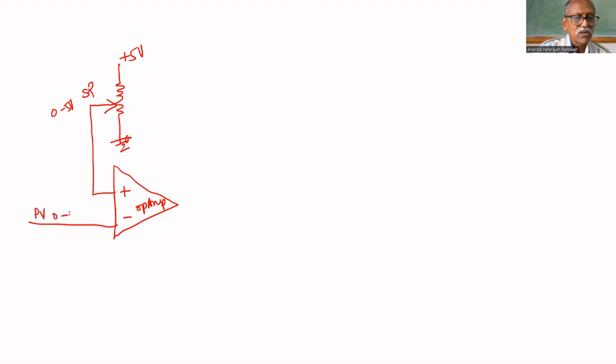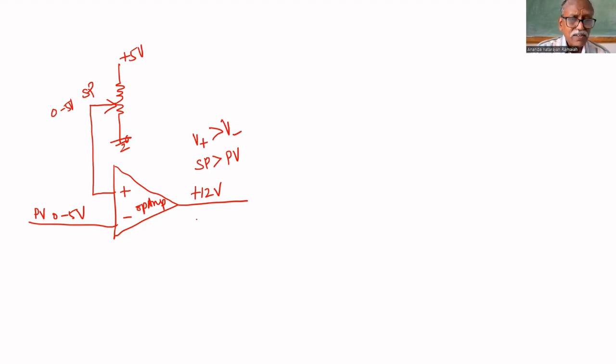What is the output of this open loop op-amp? Whichever is higher, it will saturate to that voltage. Suppose the set point is higher, it will saturate to plus 12 volt. If the set point is greater than the process variable, in other words V plus is greater than V minus, it will saturate to plus 12 volt.